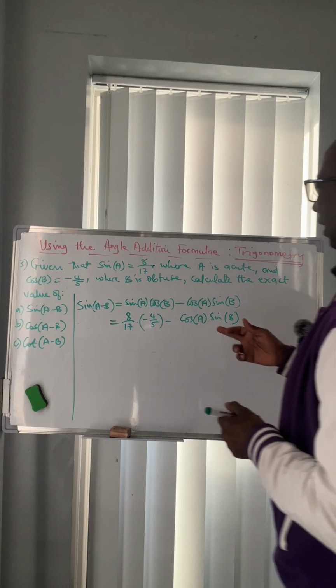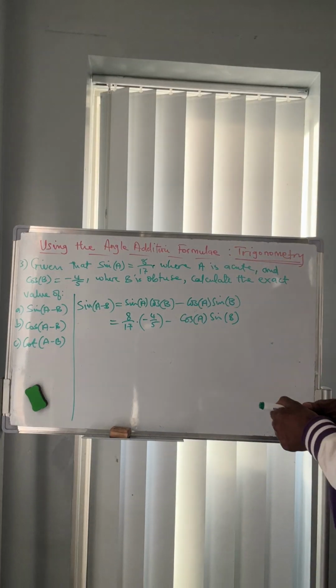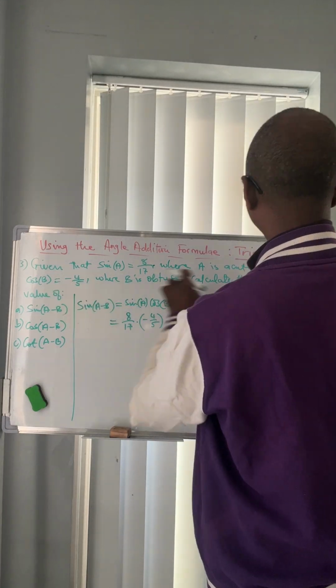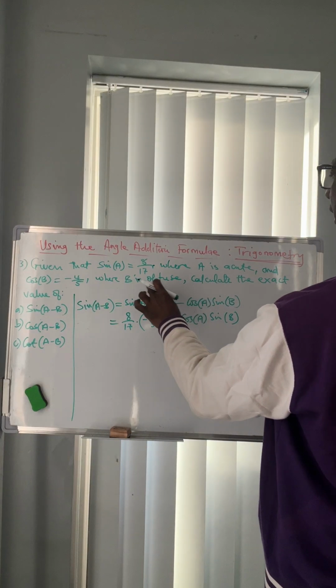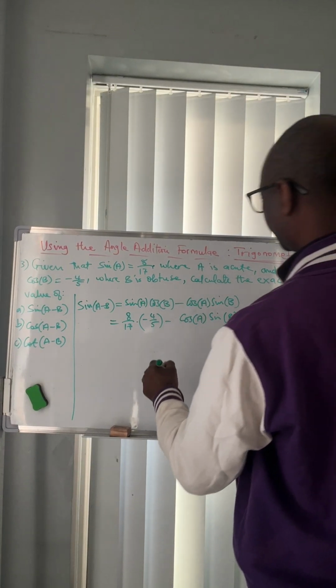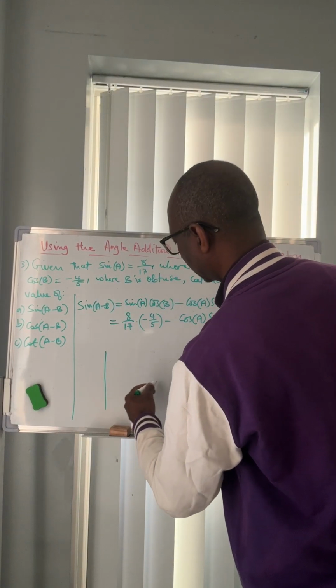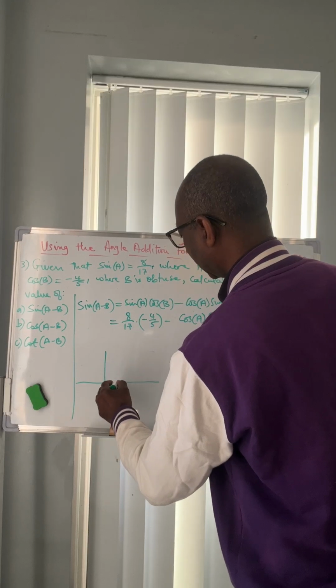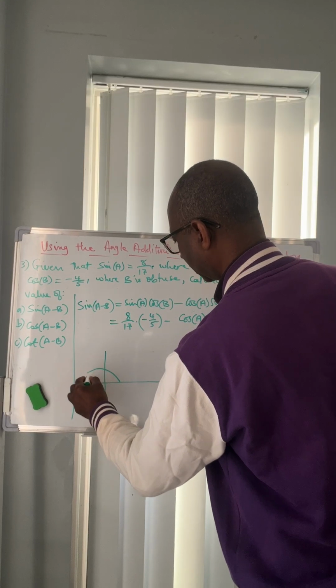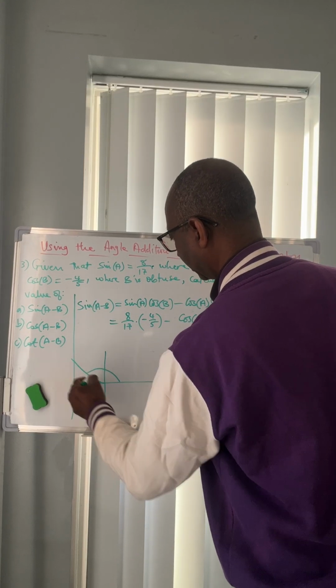Now, what is cos B? B is obtuse. Obtuse means that the angle is greater than 90 degrees but less than 180 degrees.